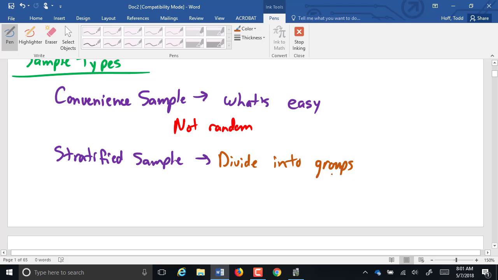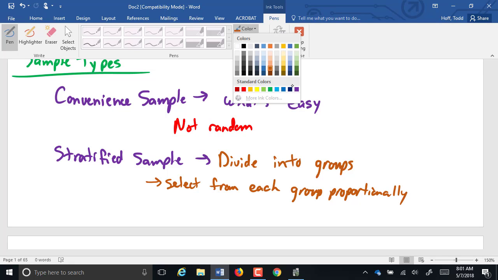Well, we're going to say WITC has 4 campuses. That's our 4 groups. And then you select from each group proportionally. Everybody has an equal chance.